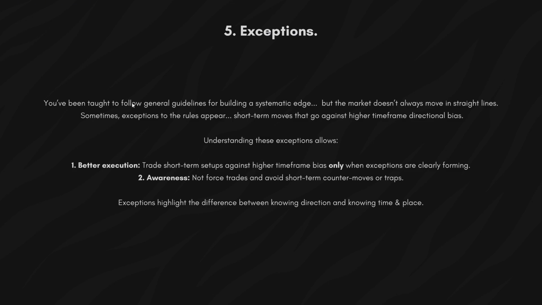Now today is Friday, and even though the higher time frame directional bias is bullish, the drawn liquidity is higher, and we have a bullish context on the 4 hour, what usually happens is that you take a bullish trade off of that 4 hour context, you lose that trade, and price ends up going against the higher time frame bias and makes a counter shorter move on Friday. That's an example of an exception where the market goes against the higher time frame bias.